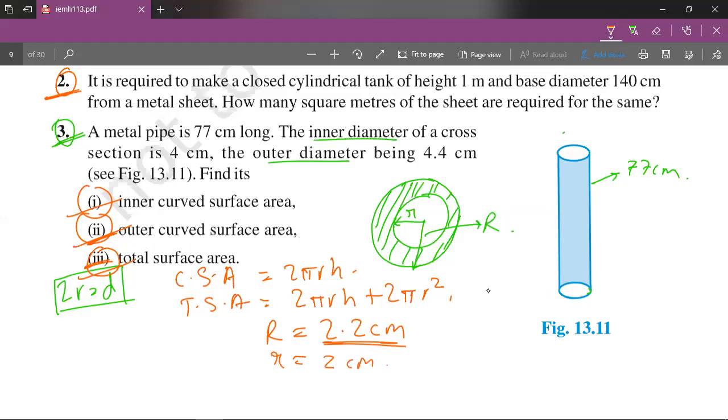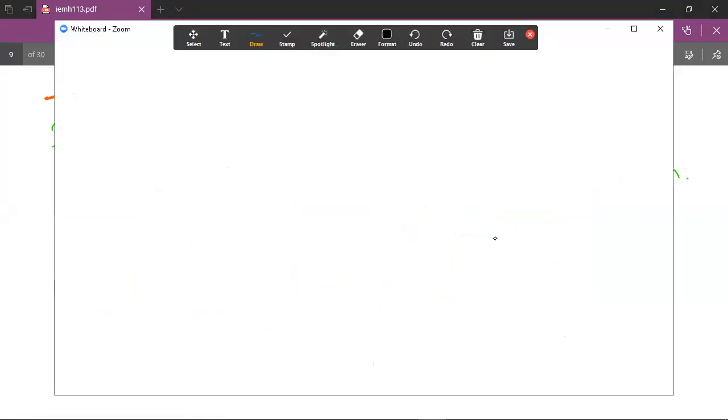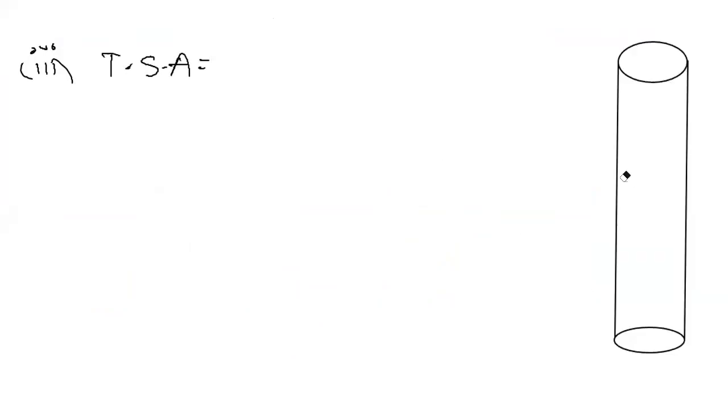Okay. So we'll start the final calculation for the final question. I'll go to the whiteboard. The third part says TSA, that means total surface area. The most important thing is to first draw a cylinder. So now we've drawn a cylinder. Now we enter the measurements that the question has given us. As previously noted, height is equal to 77 centimeters.